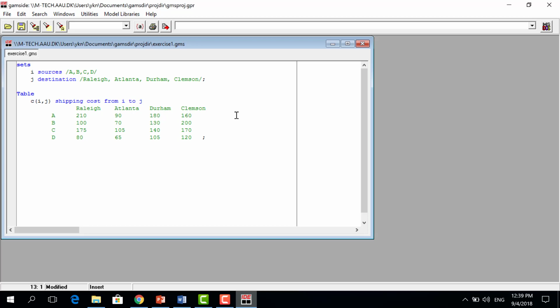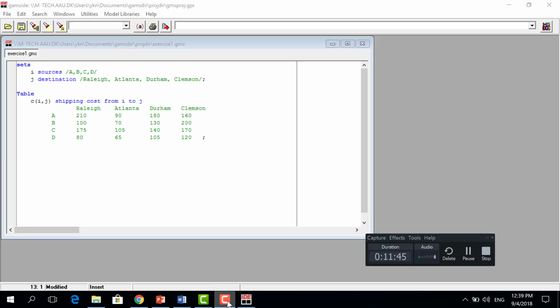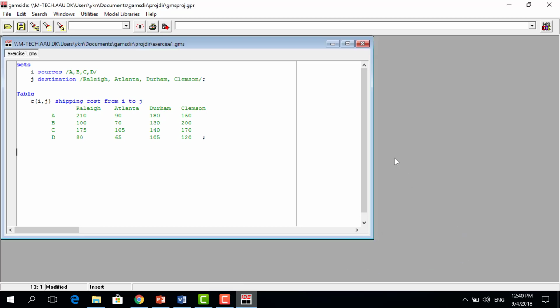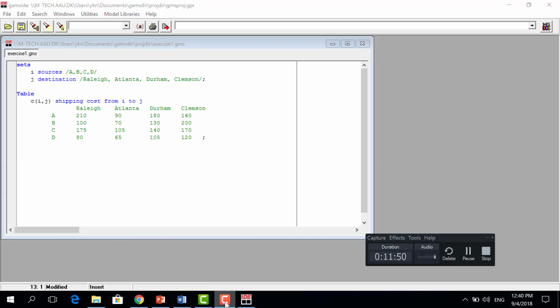Okay, now what else can we add to this programming language? We have sets, we have tables. Now we need to define our variables. We have only one variable type here.